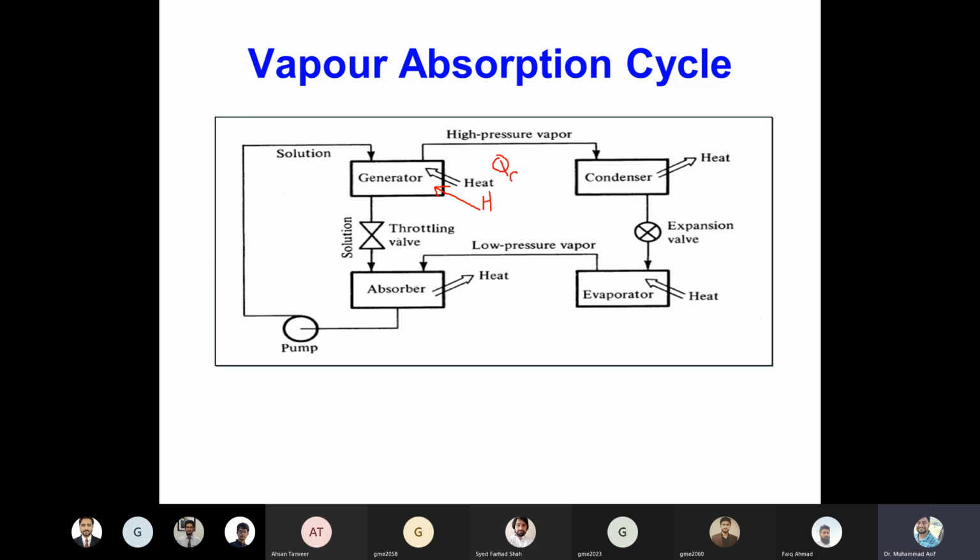How much QG is required? QG means input to the generator. And we know that when we say solar energy system, this QG we have to obtain from the solar collector.